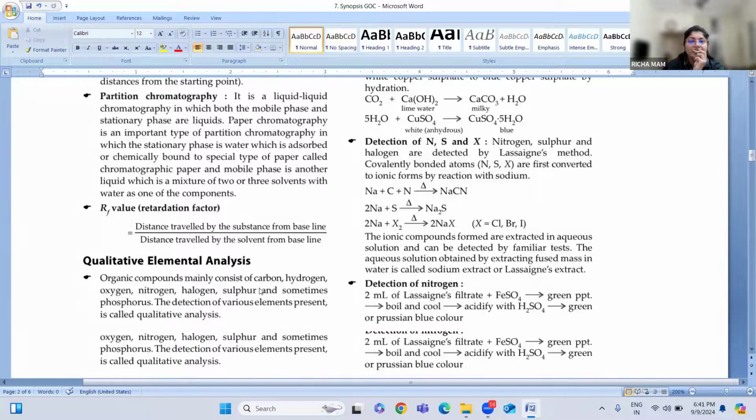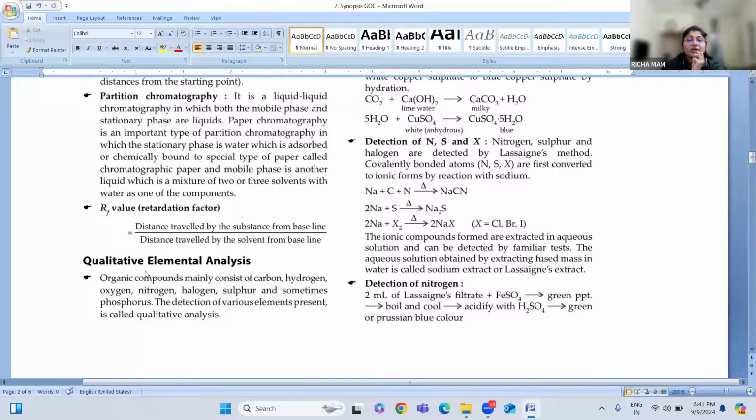Then the next important topic is qualitative elemental analysis. Now we know that an organic compound contains carbon. Along with carbon, there are different elements which are present: oxygen, hydrogen, sulfur, halogens, nitrogen.